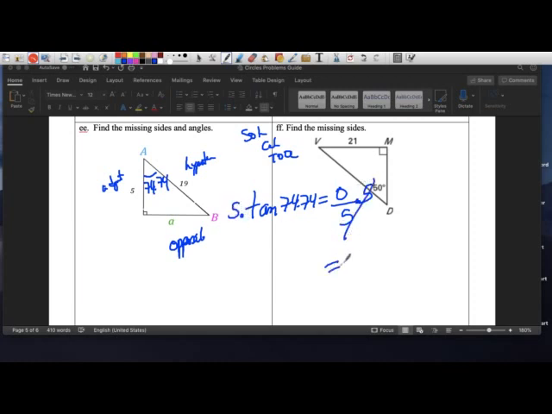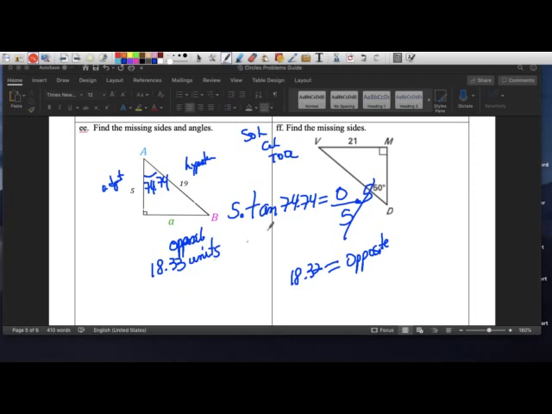These two cross out, and the opposite side is 5 times tan of 74.74. And that's going to give us 18.32. So the opposite side is 18.33, whatever units.